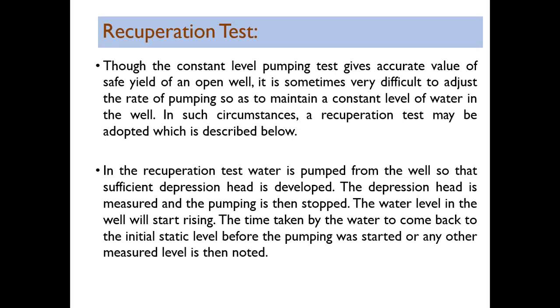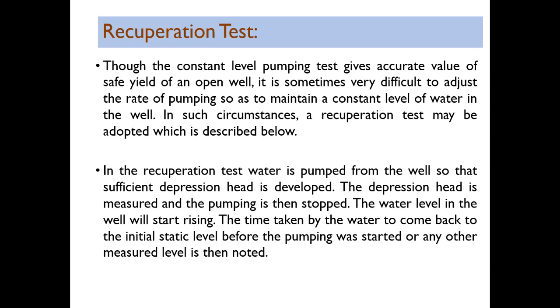In this recuperation test, with the help of a pumping arrangement, the water is pumped from the well and then there will be some depression. After reaching a certain level, the depression in the well is measured and the pump is stopped.